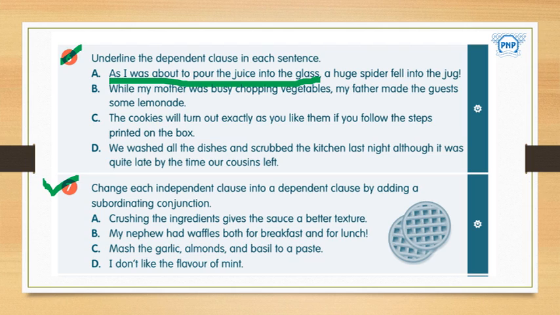So now can you tell me which subordinating conjunction we should add so that we get a dependent clause? After crushing the ingredients gives the sauce a better texture. Okay, after crushing. So like that, complete B, C and D. Correct?